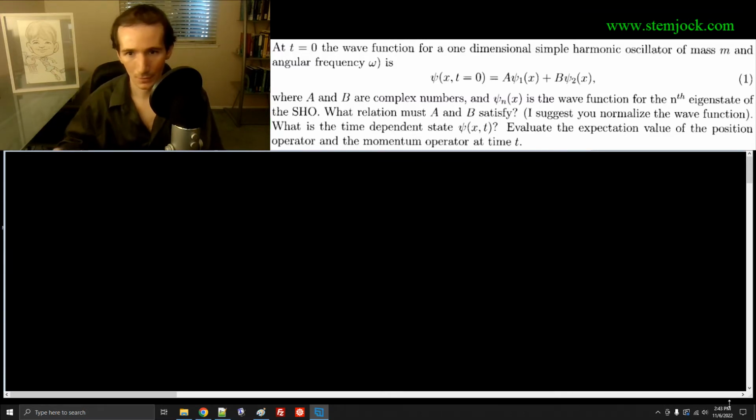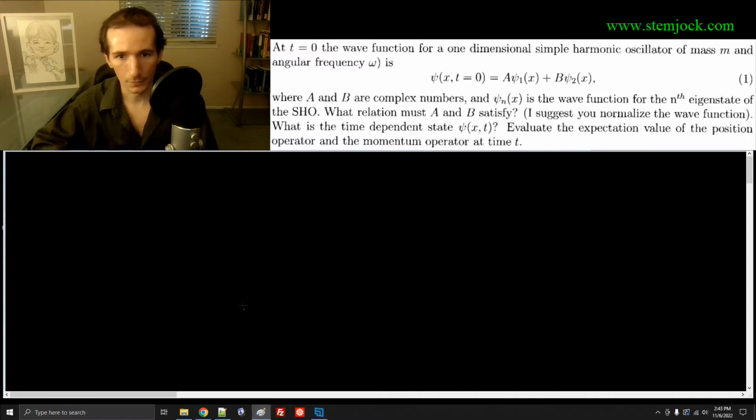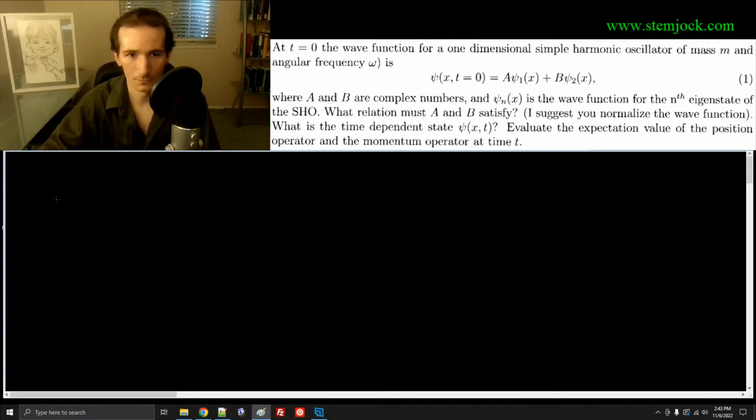Okay, so the wave function. The reason we care about the wave function is that if you take its magnitude and square it, it gives you a probability density for the particle's position, and the total area under the curve must be equal to 1.